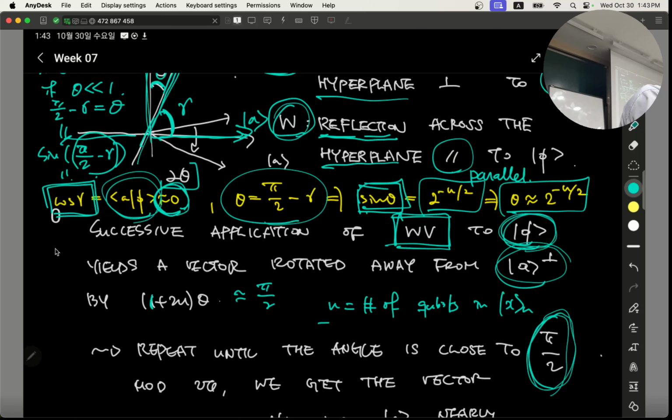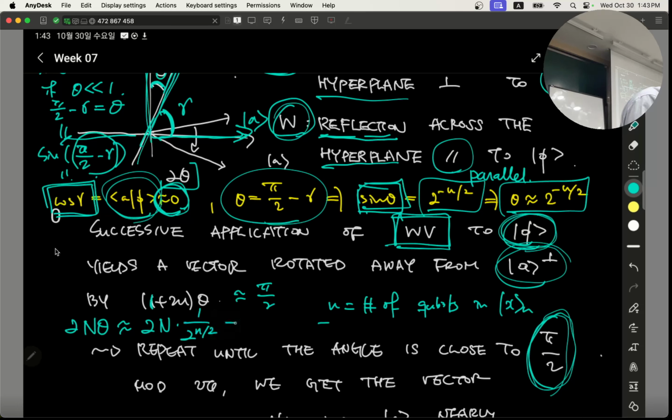So let's think about how many times I should rotate the ket phi by 2 theta in order to make it almost equal to pi over 2. So if I rotate by 2n theta, then it is almost equal to 2n times 1 over 2 to the n over 2.